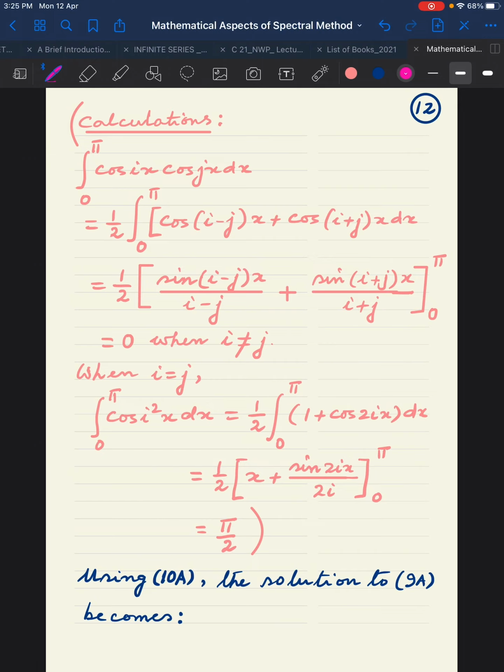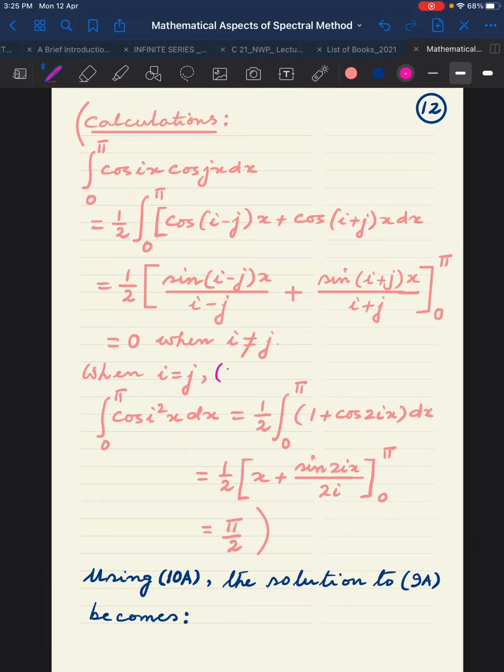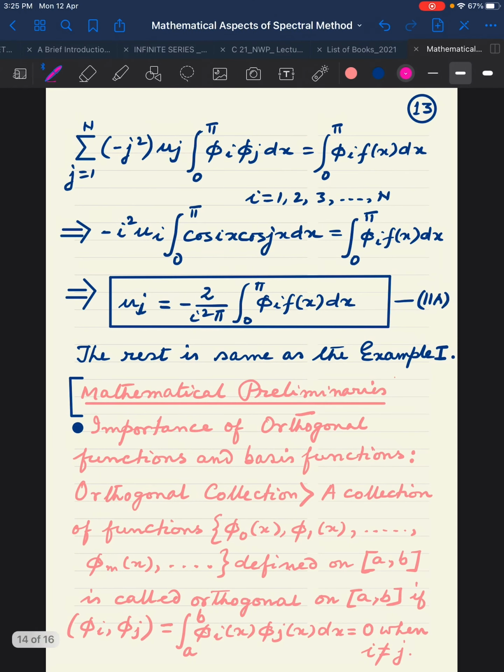But one point I should have written here: i equal to j, but they are not 0. It is important because we are using cosine function. So finally we get the solution.